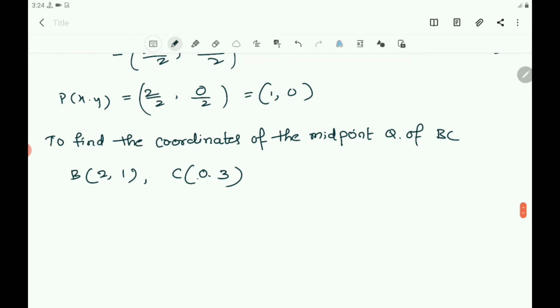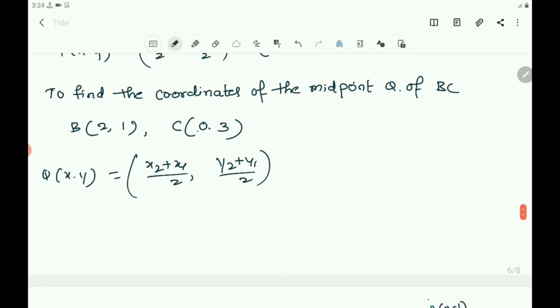Now let us write Q of xy equals, again you write x2 plus x1 by 2, y2 plus y1 by 2. Here these are x1, y1, these are x2, y2.